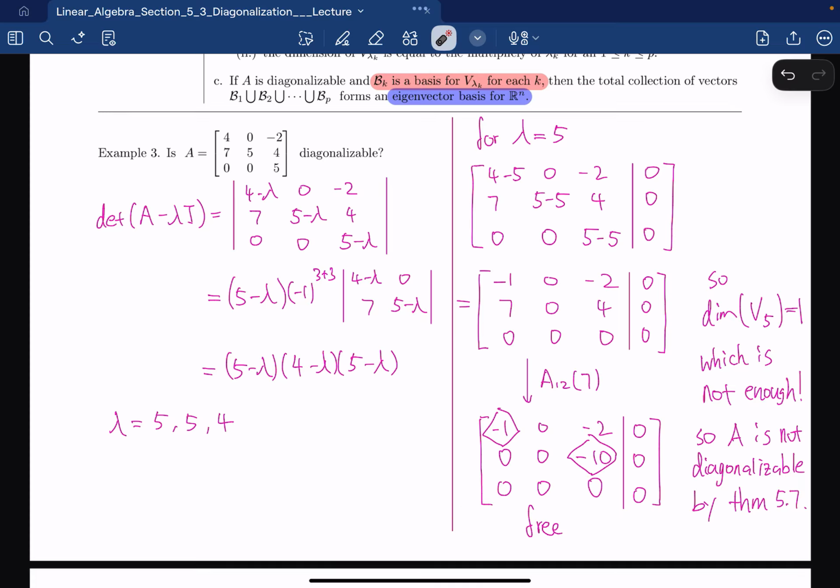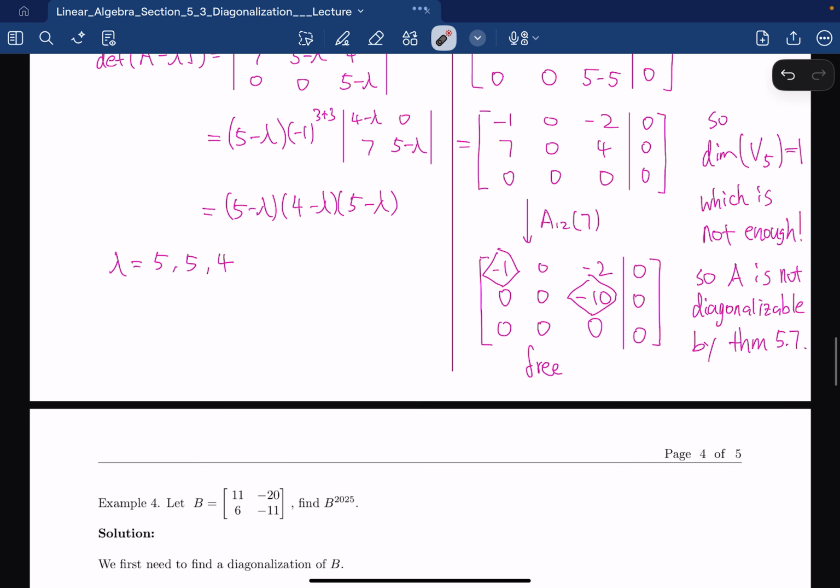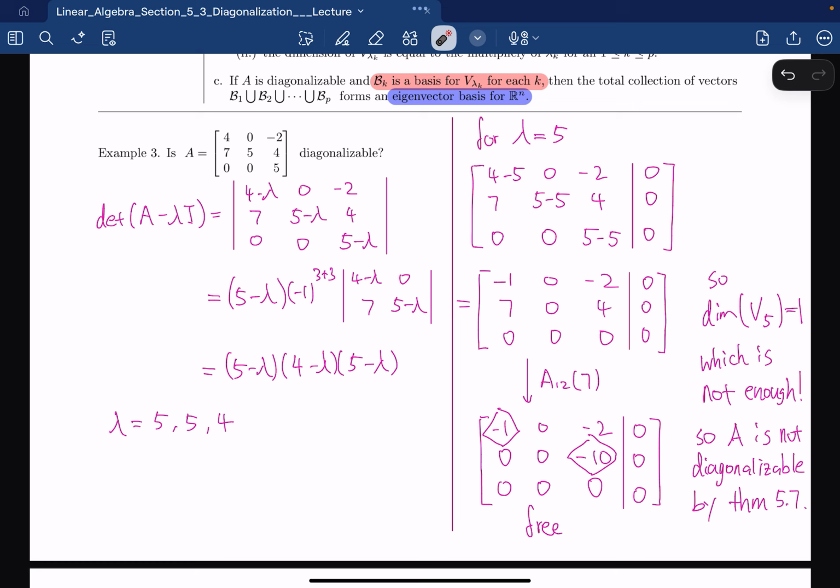But if it's not diagonalizable, a lot of times if you found the one eigenvalue and the corresponding eigenspace does not have enough dimensions, then it's an easier task. Okay, but if you got multiple eigenvalues with various multiplicities, then you might have to do a little bit more work.